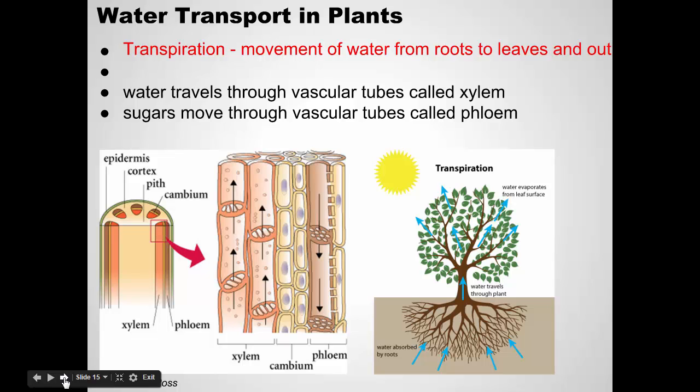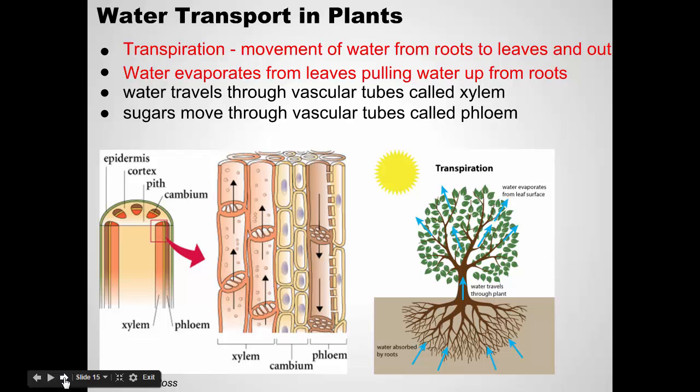Transpiration is the movement of water from the roots to the leaves and eventually out of the plant. Okay, water comes in and leaves the plant. And as that water leaves through the leaves, as it evaporates from the leaves, it pulls up water due to some of the forces connecting water molecules to each other.